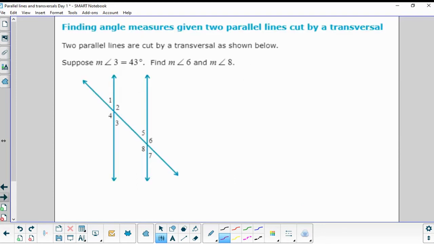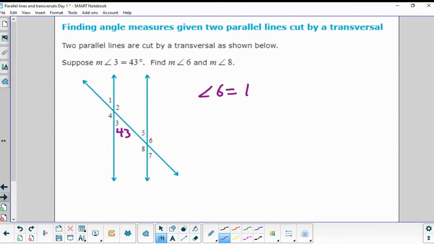Okay, so here's another diagram. It says, find the angle measures given 2 parallel lines cut by a transversal. They give us some information: angle 3 is 43 degrees. Then they ask us, what would angle 6 and 8 be?